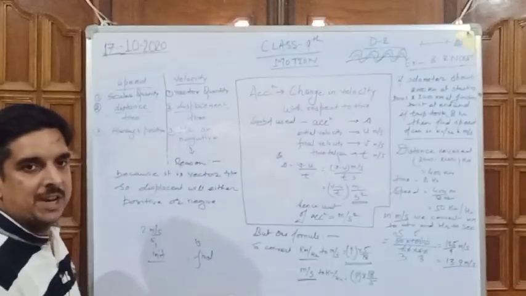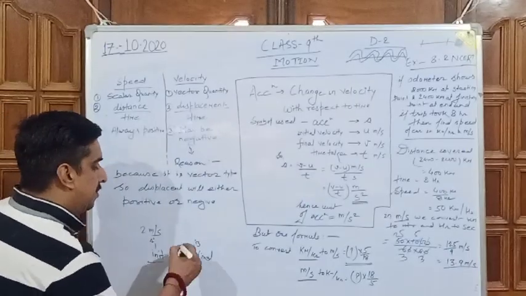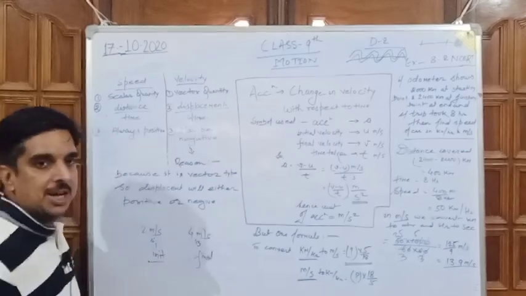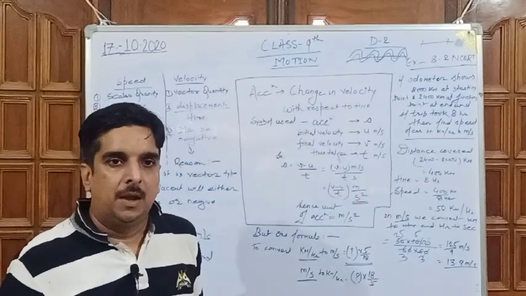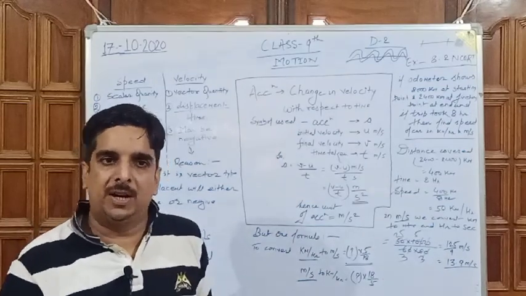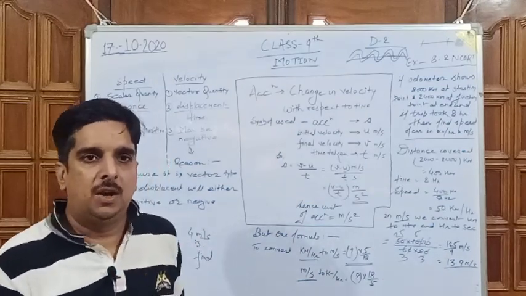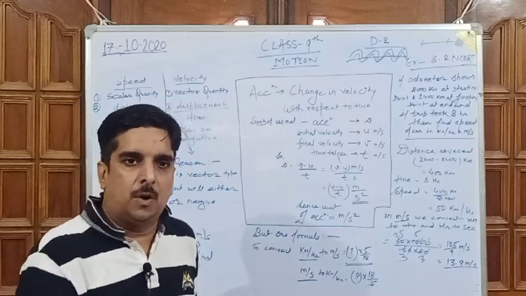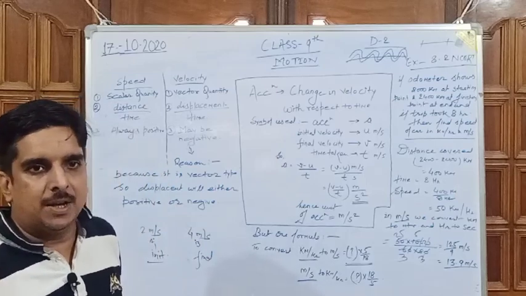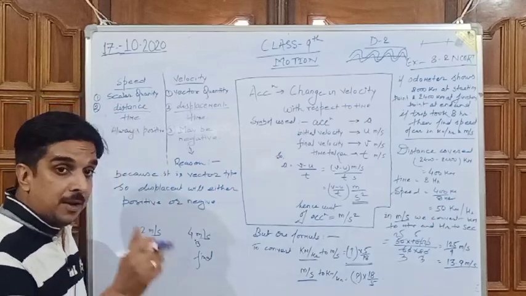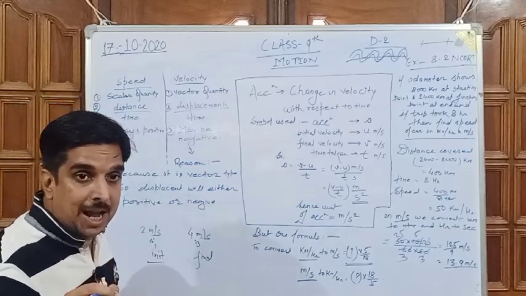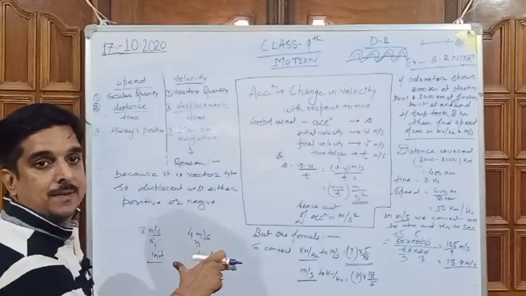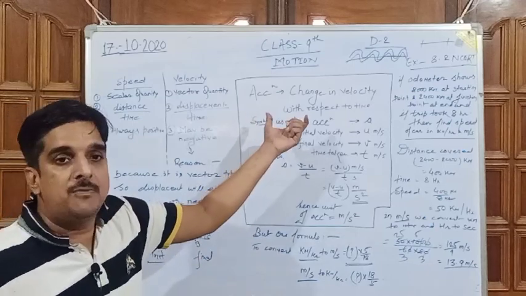Watch carefully, and if you are not getting the signal properly, there is no need to worry, because I will upload the YouTube link on the group also. You can hear me again and again. I am repeating because by this example you can easily understand the definition of acceleration.